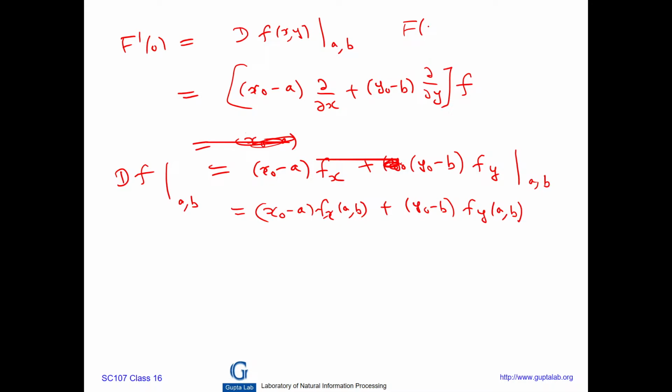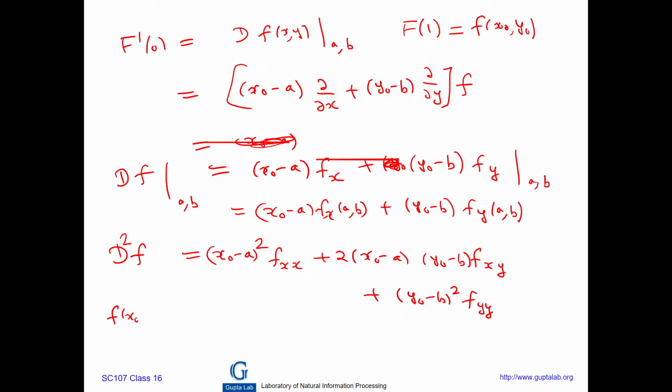So essentially we have f of x naught comma y naught is equal to f of a comma b, capital F of 0, plus 1 over factorial 1 d of f evaluated at a comma b and so on, 1 over factorial n minus 1 d of n minus 1 f evaluated at a comma b plus remainder up to t.